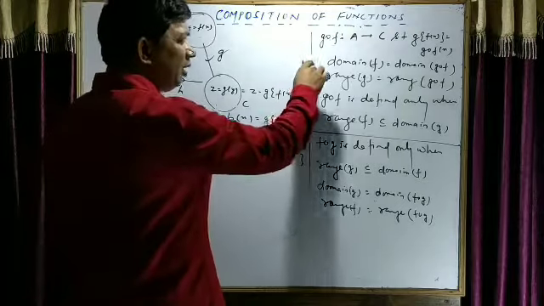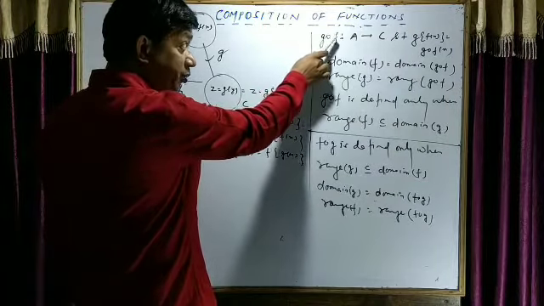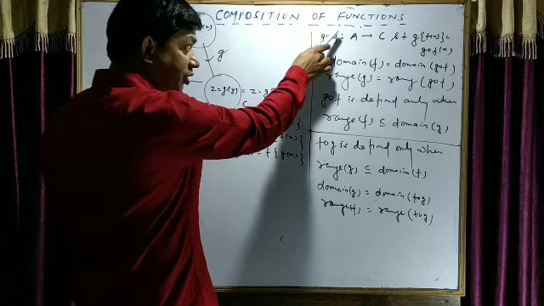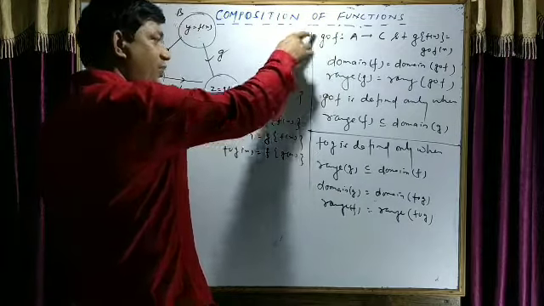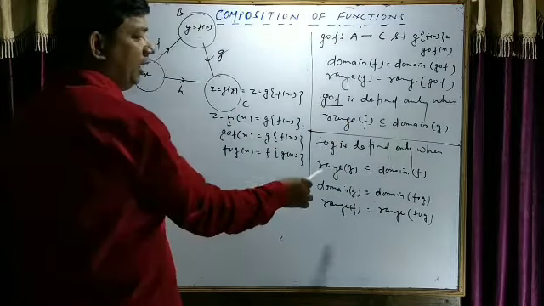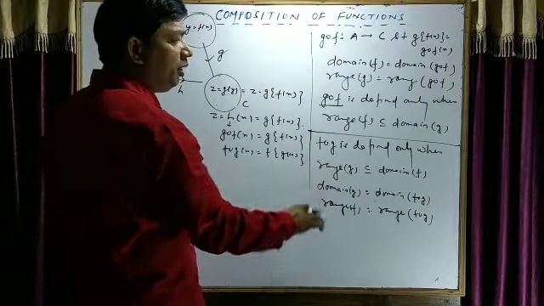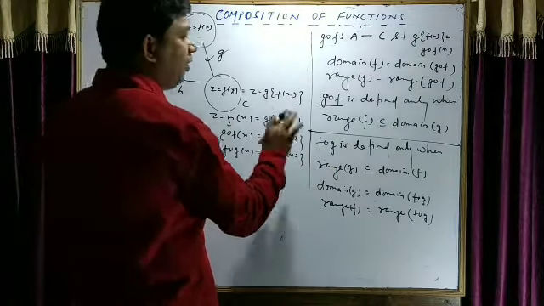So again, g o f is defined when the first function is f and the range of f is in the domain of g. In f o g, the range of g is a subset of the domain of f, then f o g is defined.